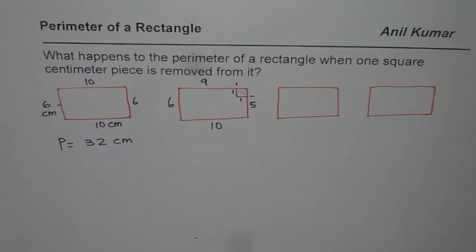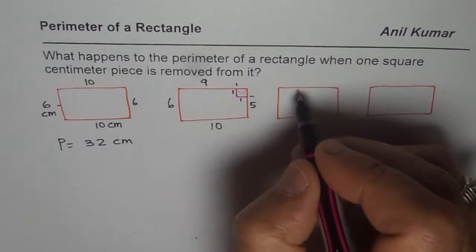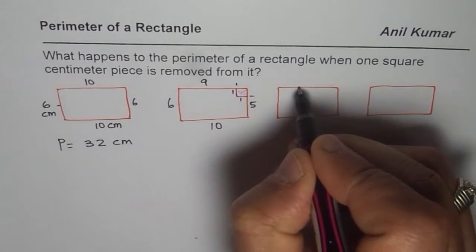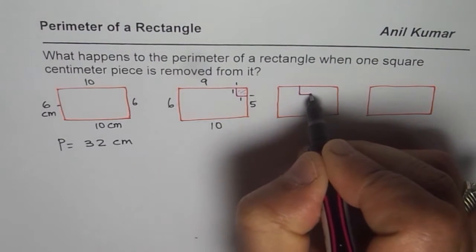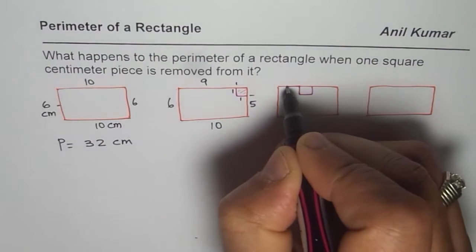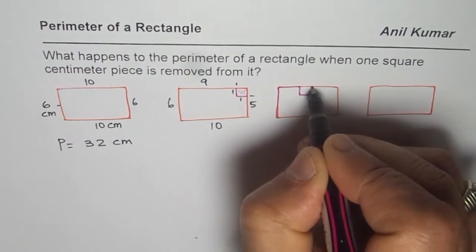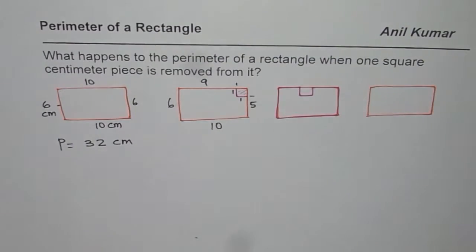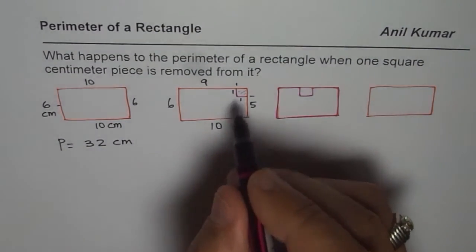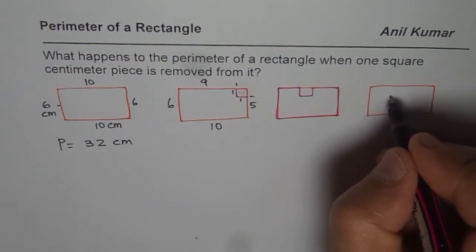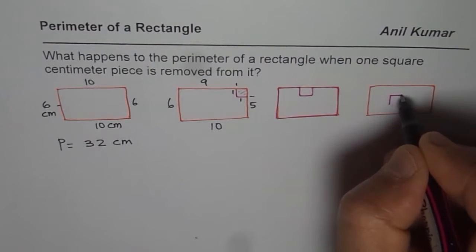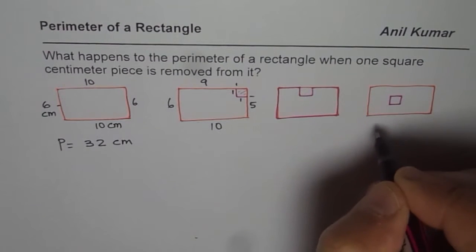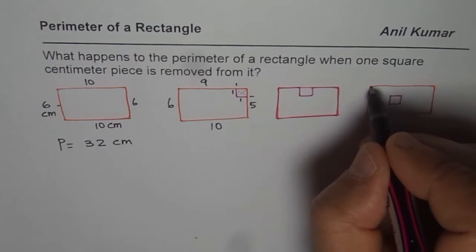Now imagine that I have removed this piece from somewhere here in the middle of it, so like this. So now my rectangle is like this. Now what happens to the perimeter? Think about this. Now I can also remove this piece from the center or from inside. So this is, let us say, removed from here. Now what happens to the perimeter?